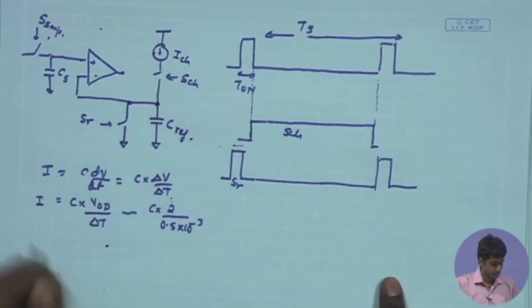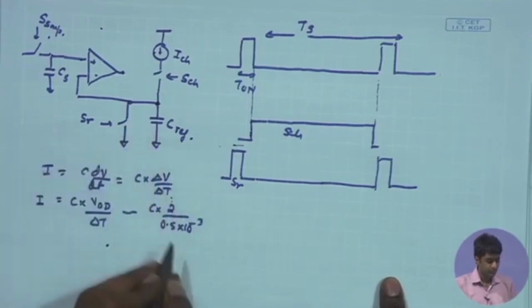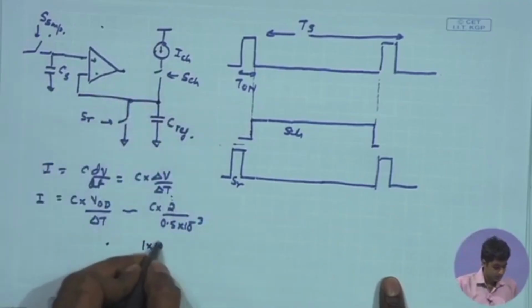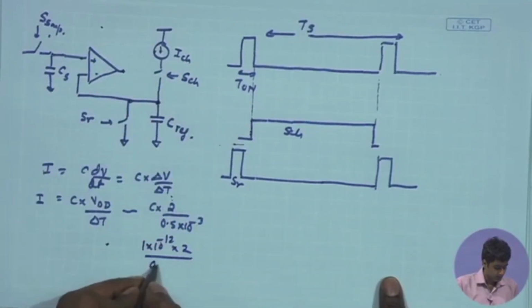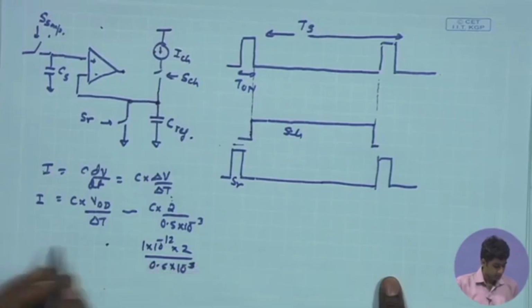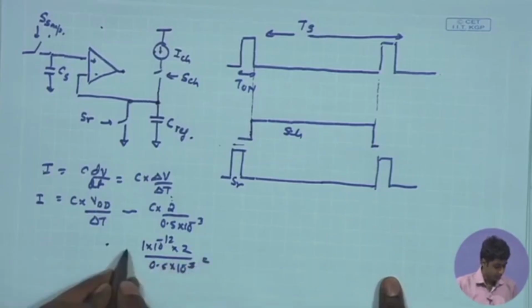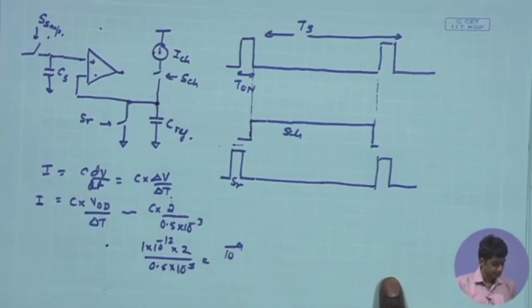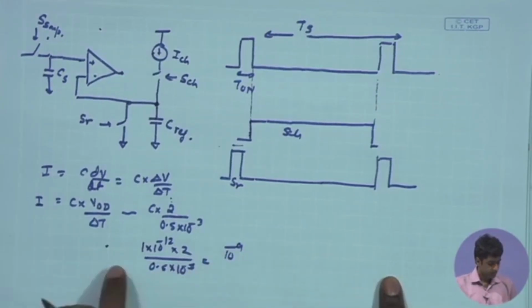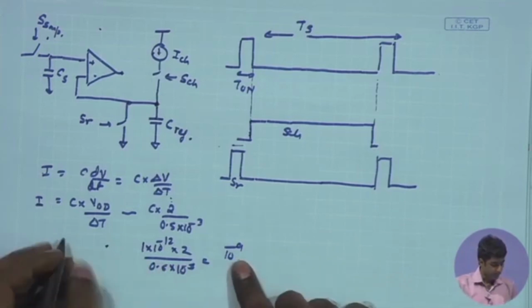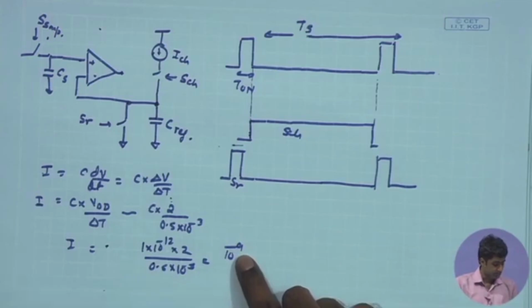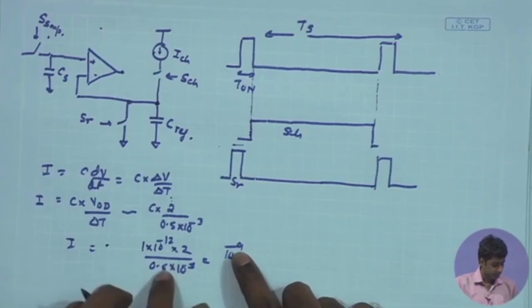So let us check: if I choose the Cref to be 1 picofarad, which is sufficiently higher than all the parasitic capacitances of these inverters, I will be getting an I value which is pretty small. If I look at this, 10 to the power of minus 9, the required I value is going to be pretty small as per the required conditions over here.